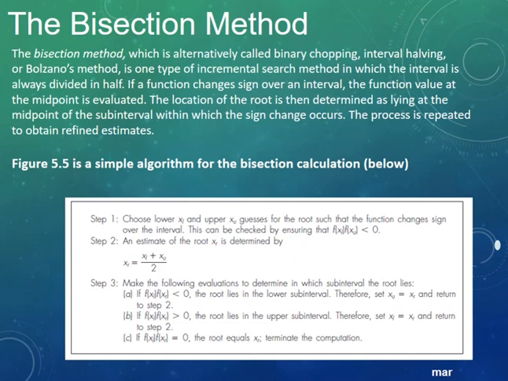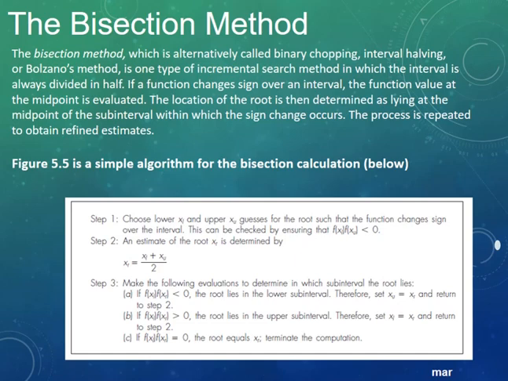For A, the product of f of xl and f of xr must be less than 0. If that's the case, the root lies in the lower subinterval. Therefore set the upper limit xu equal to xr, and then return to step 2.